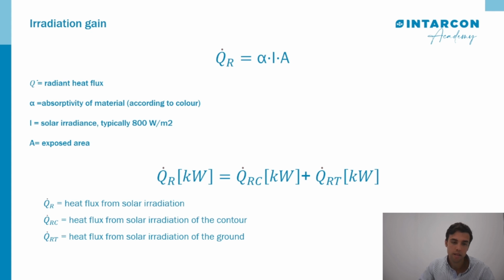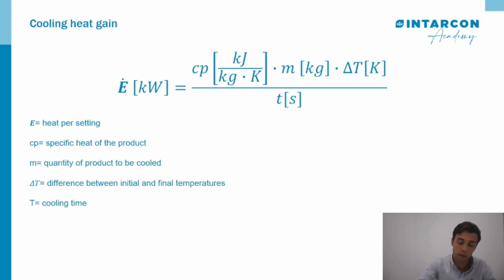The solar irradiance is typically 800 watts per square meter, and the total area. We could also sum up the heat flux from solar irradiation of the contour and the roof.